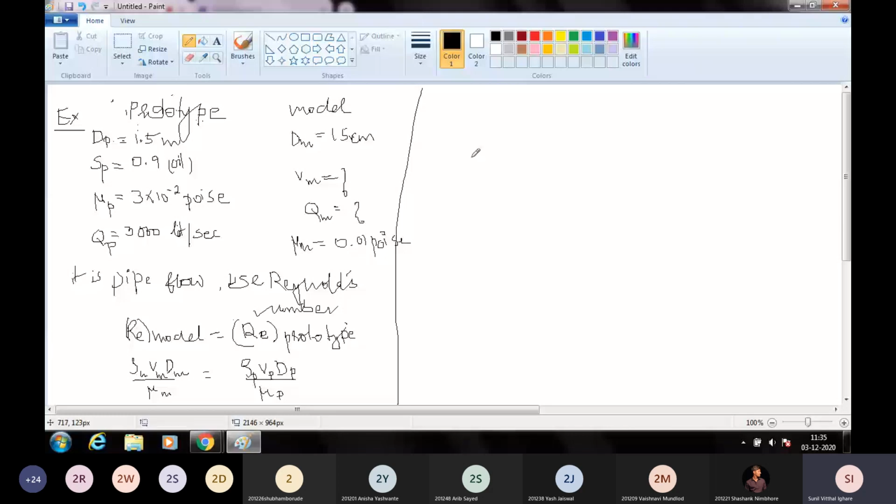So just take velocity terms on the left hand side, Vm divided by Vp, that is equal to rho m divided by rho p multiplied by mu m divided by mu p multiplied by dp divided by dm.